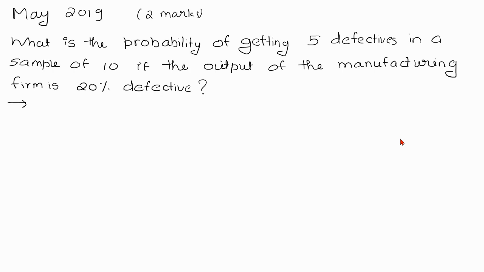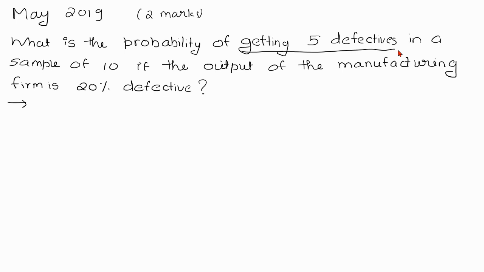Now how to guess? This is a problem of which probability distribution, whether binomial, Poisson, or normal? Let's see what the question is about: getting a defective or not getting a defective. That means success or failure, only two options.